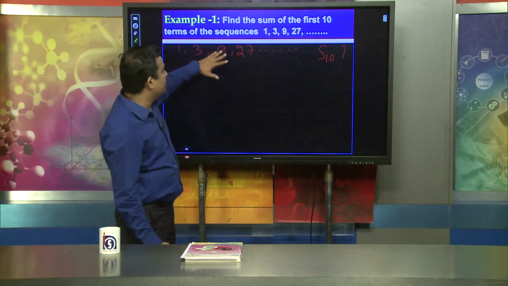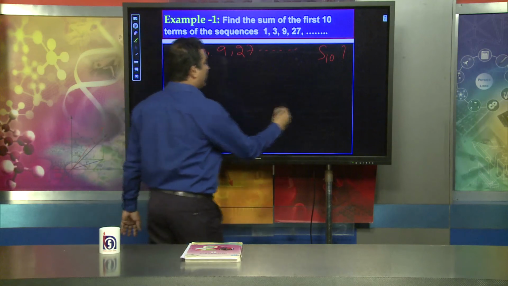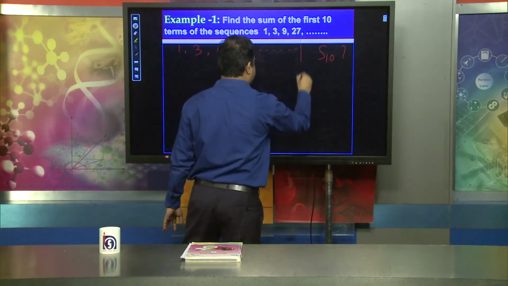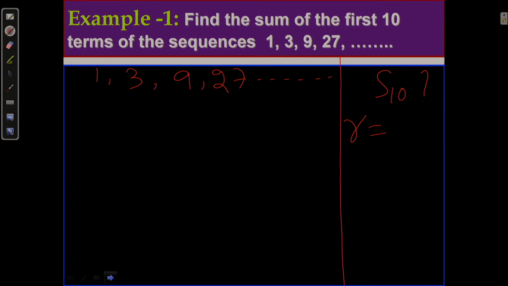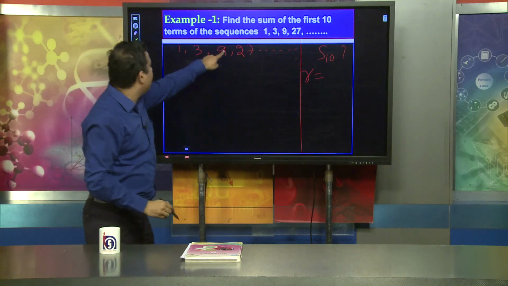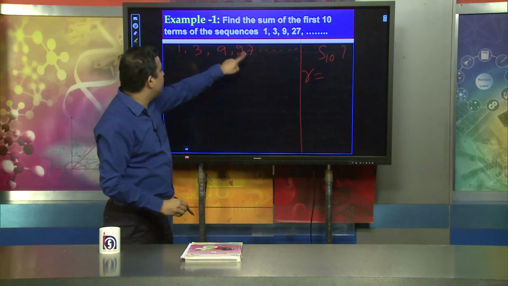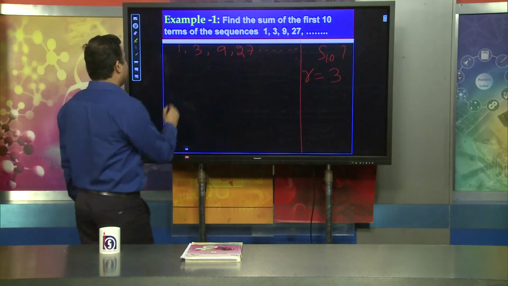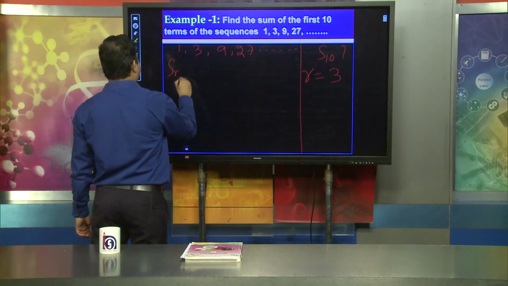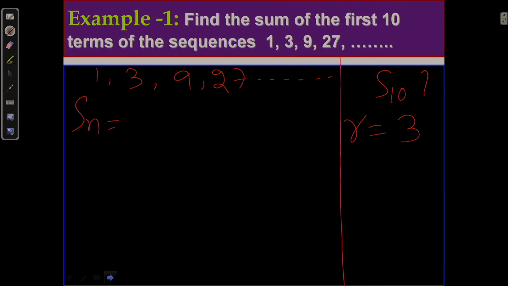First, you must check the value of the common ratio. Common ratio: 3 by 1 is 3, 9 by 3 is 3, 27 by 9 is 3, so r equals 3. And we know the Sn formula, which we have just discussed.